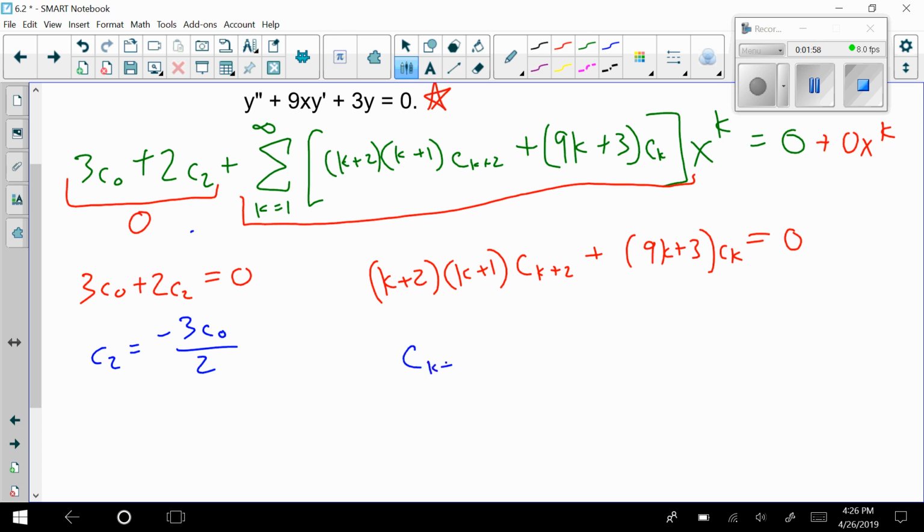So I want c sub k plus 2 equal to a negative 9k plus 3 times c sub k, divided by k plus 2 and k plus 1. So I have the bigger one in terms of the smaller one. K plus 2 would be bigger than this k.